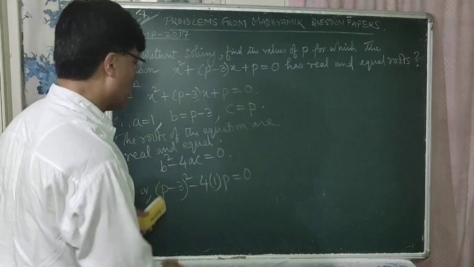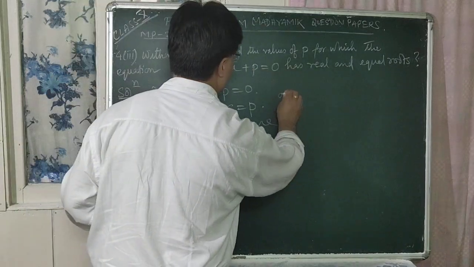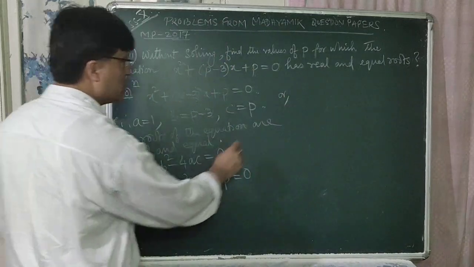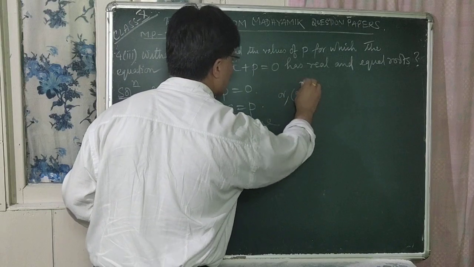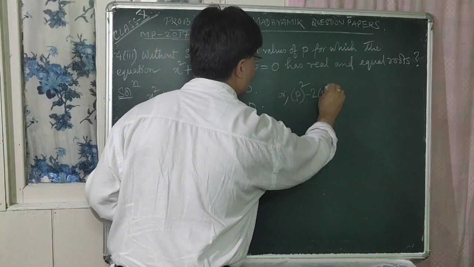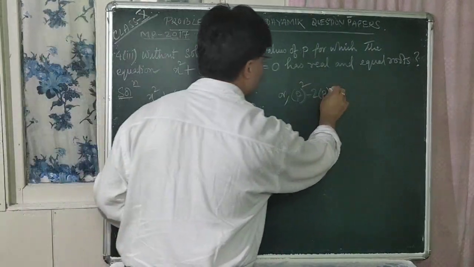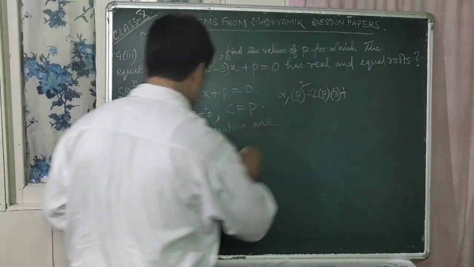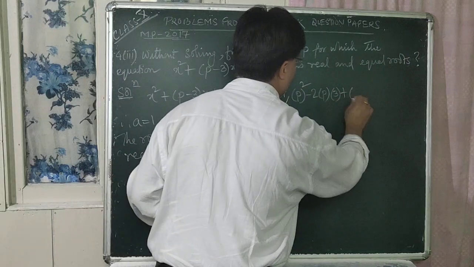So now let us use the formula here. What is a whole square? This is p whole square minus twice ab, minus twice into what is a? p, and what is b? It is 3, plus what is b whole square? 3 whole square.